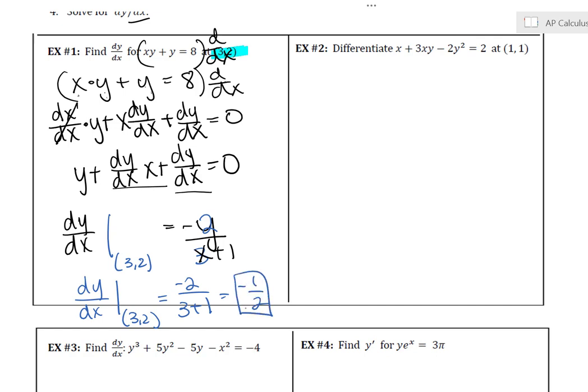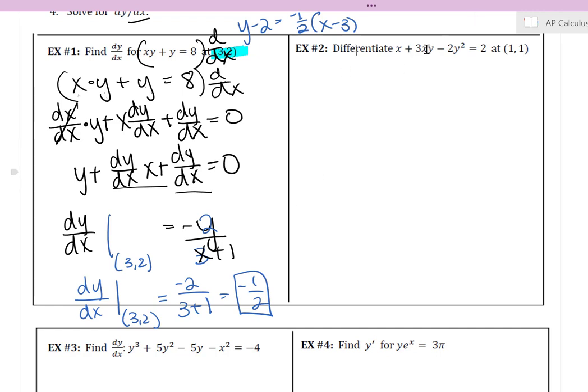So at this point on this function, my slope is negative 1/2. So I can actually get a tangent line pretty quickly, right? Tangent line means y minus 2 equals negative 1/2 times x minus 3. It didn't ask us this, but this is just expanding on our knowledge here. And there's that tangent line equation. Pretty easy. Let's look at another one.